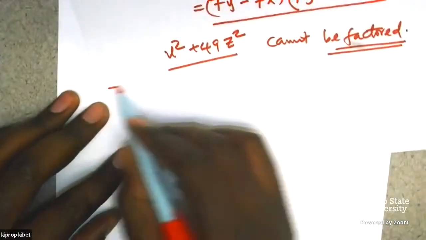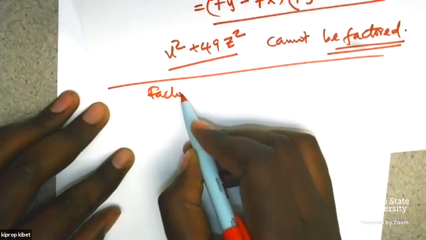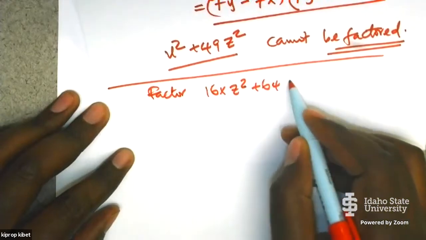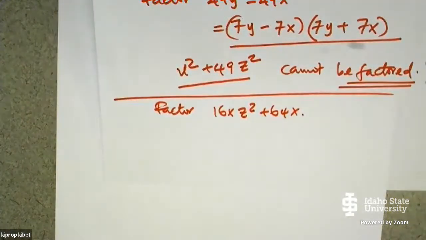Now, if you are given this and told to factor 16x z squared plus 64x, looking at this, this is not a difference of squares.